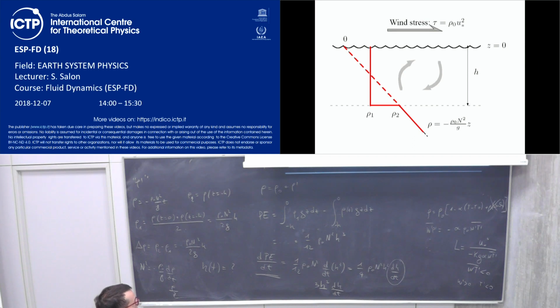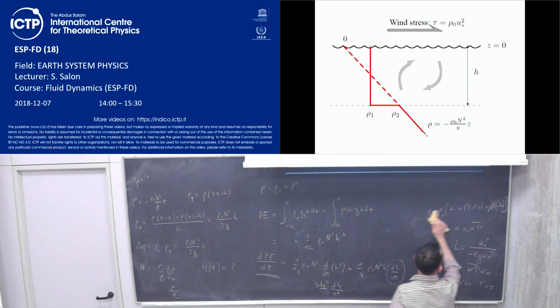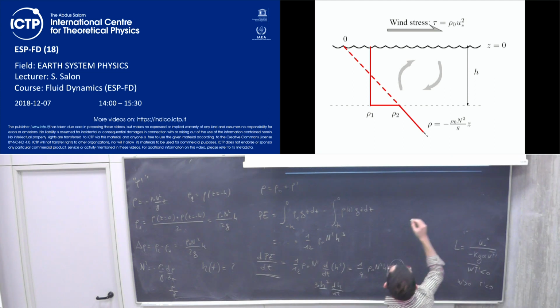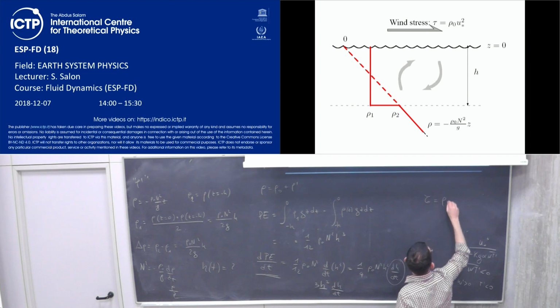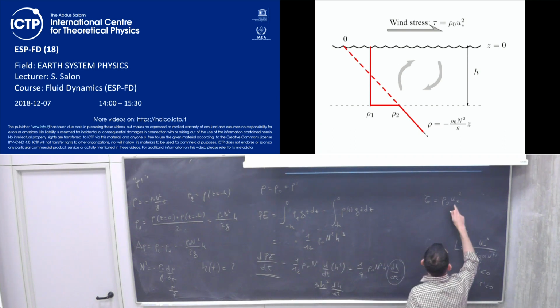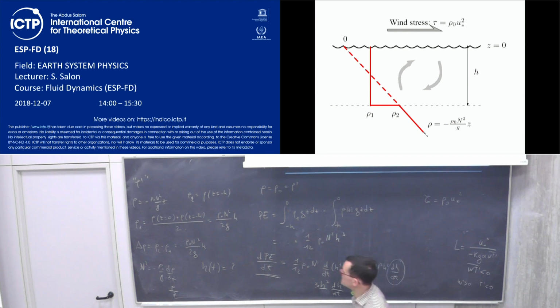So we must consider that the variation in potential energy will be given by a source of energy, which is the wind stress, the only energy that we have at our disposal. So, wind stress tau, which is equal to the product between the density and the friction velocity squared.